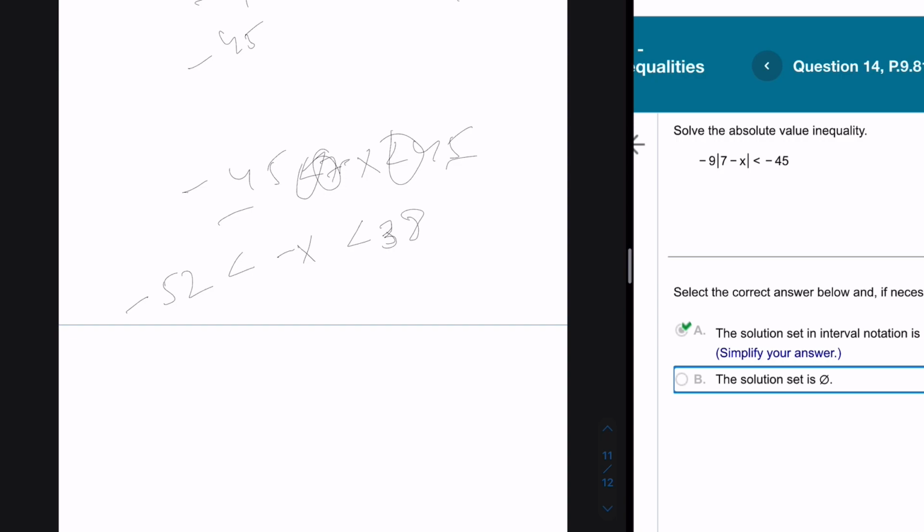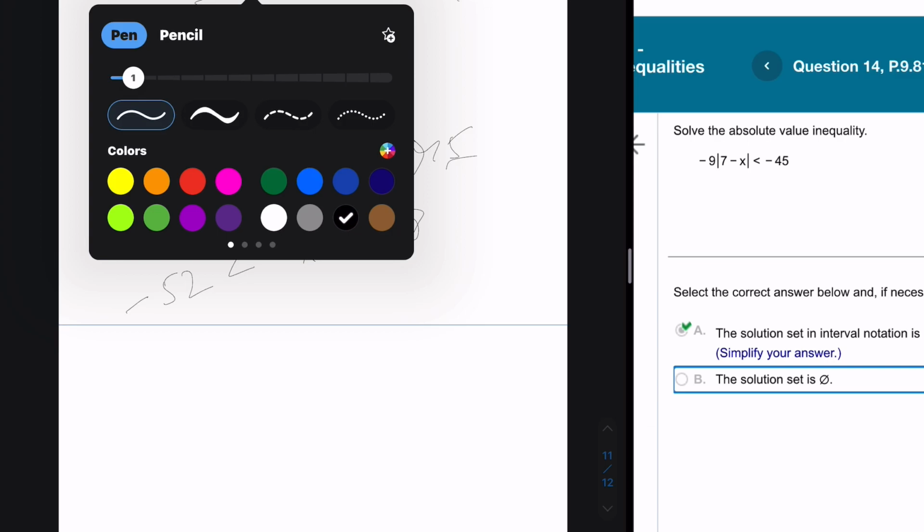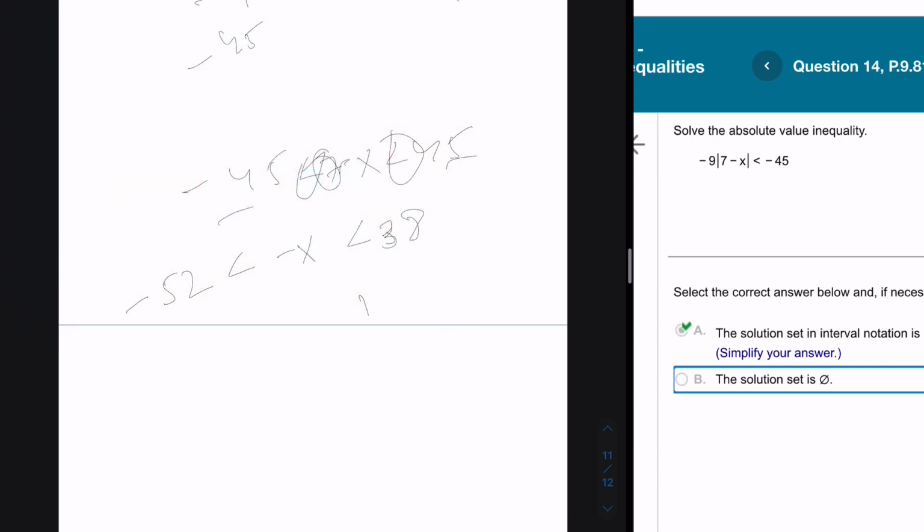Yeah, up to here most of the students don't make a mistake, right? But after this we mess up. If you are adding or subtracting, then the inequality sign doesn't change, right? But if you're multiplying or dividing the inequality by a minus sign, then you have to change the inequality sign.